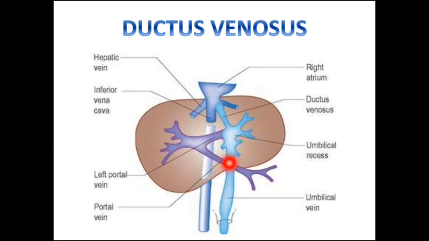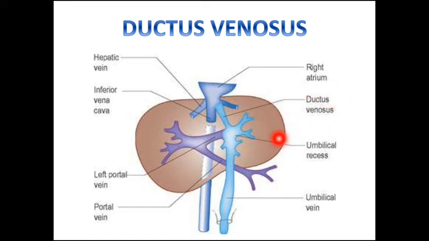The umbilical vein is coming, this is the liver, and one part of the umbilical vein is supplying the blood to the left portal vein, whereas the other part is forming a connection with the inferior vena cava. This one is the inferior vena cava, this is your umbilical vein, and this connection between the two veins is known as ductus venosus.